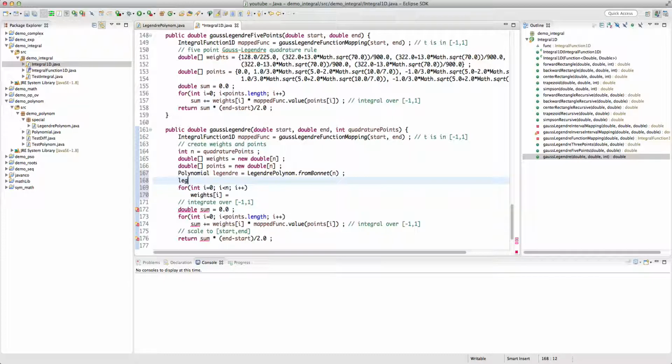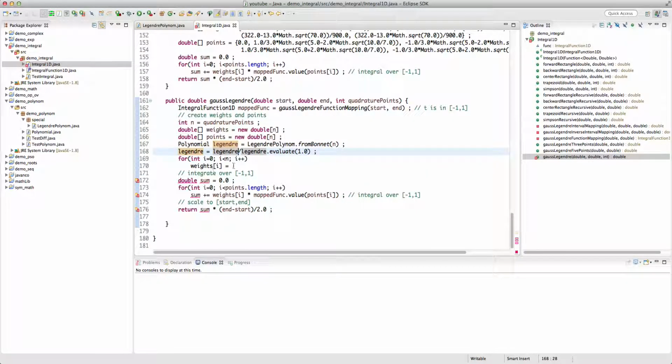So Legendre equals Legendre divided by Legendre evaluated at 1. We've got to make sure that we normalize it to its value at 1, although most likely it is 1. All right, so weight is 2 divided by 1 minus points i squared.